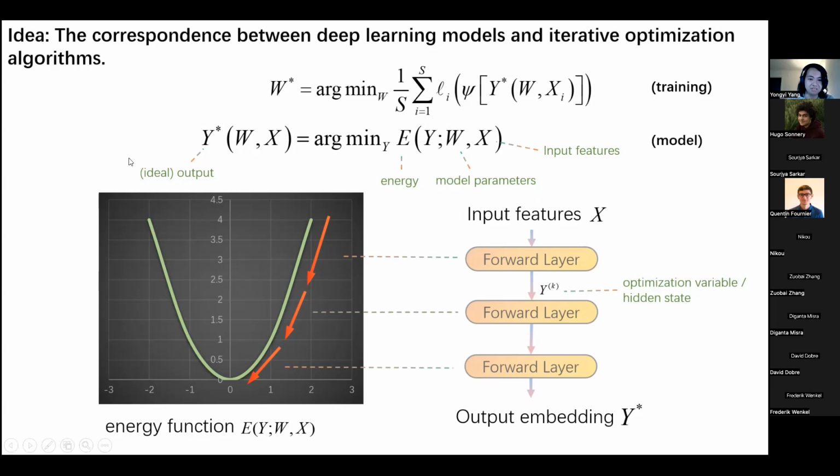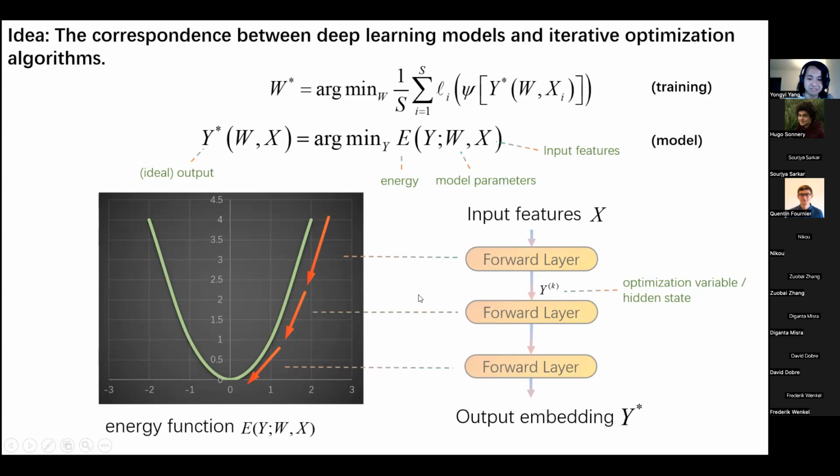For training, we are optimizing the loss function to find an optimal model parameter W. For the forward process, we want to view each forward layer as an optimization step of a certain function which we call energy. There is no specific meaning why we call it energy; let's just call this objective in the model the energy.